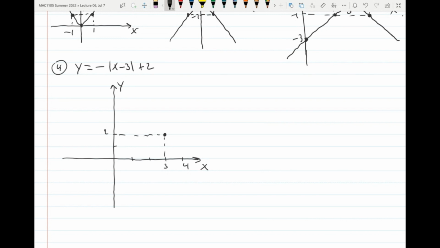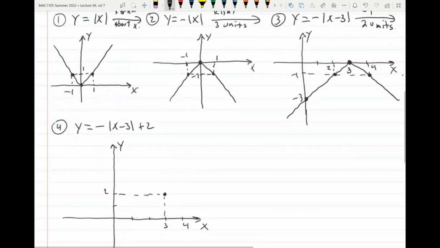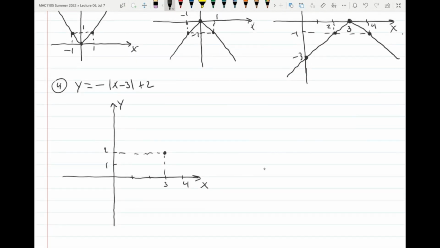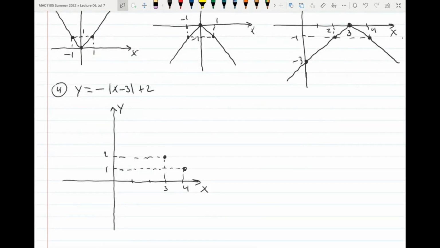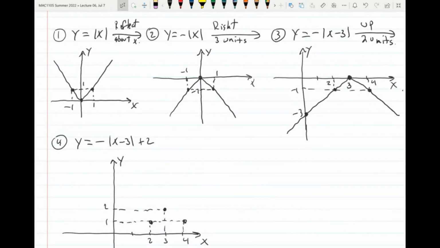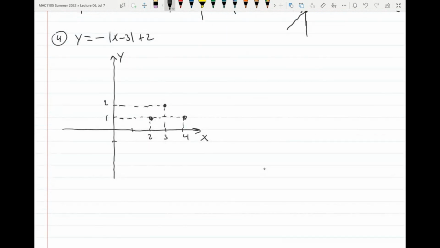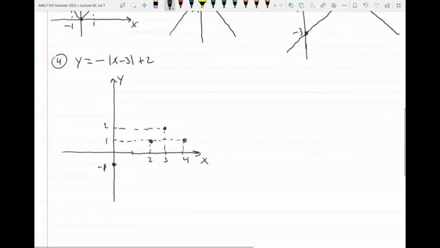So the point is going to be up here. Then 4, negative 1 is going to be up to 4, 1. Then 2, negative 1 goes up to 2, 1. And then also the y-intercept is going to move up from negative 3 to negative 1. Okay. And then we sketch.